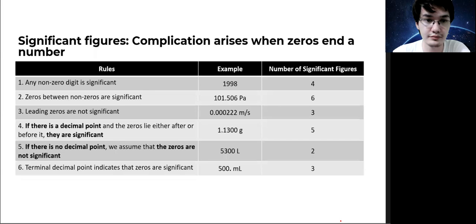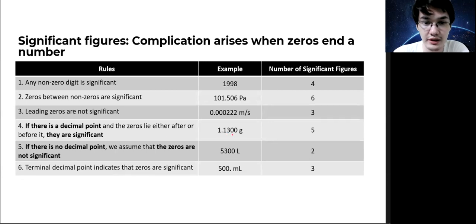For numbers that end with zeros, the rules on significant figures complicate because, for example, for rule number 4, if there is a decimal point and the zeros lie either after or before it, they are significant.